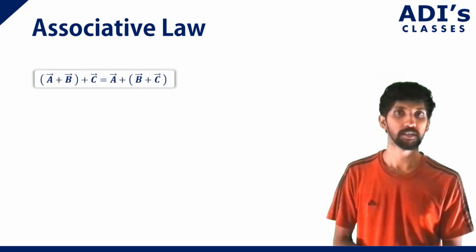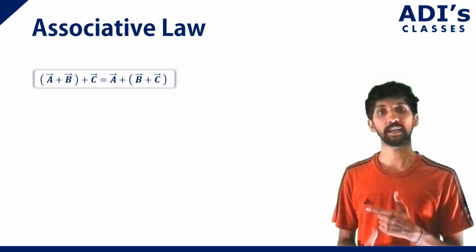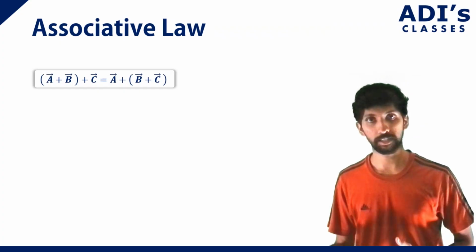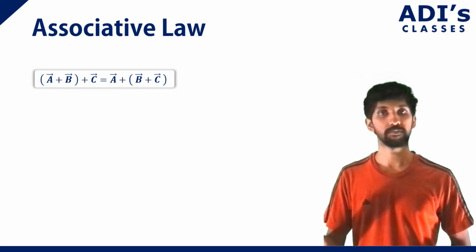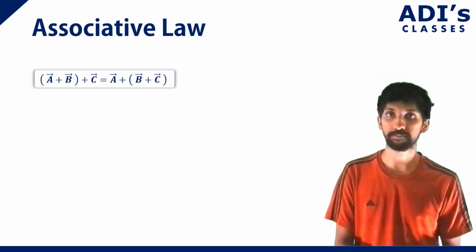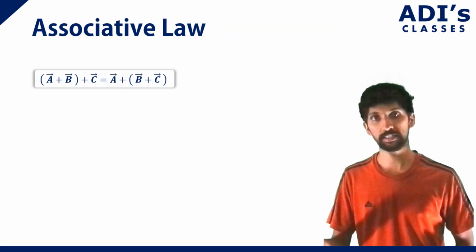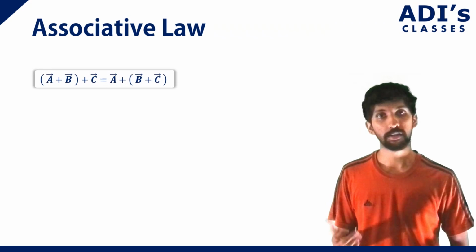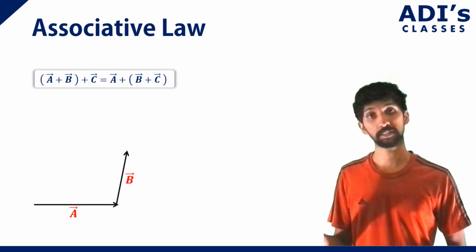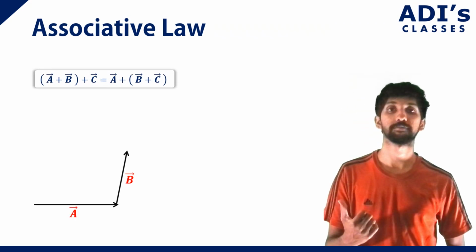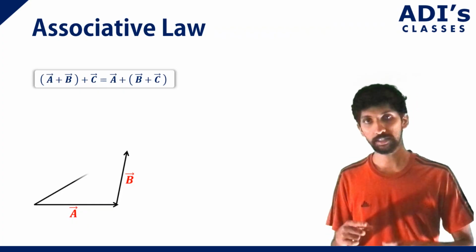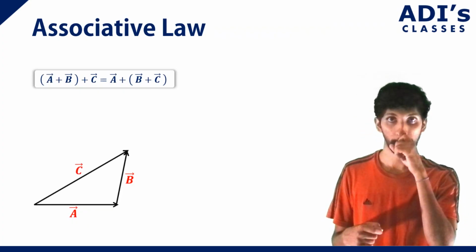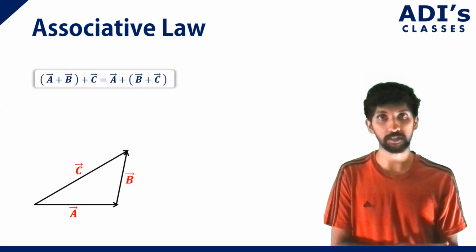You have vector A and vector B. Let's say the resultant, we'll call it vector C. Vector C is basically A plus B. Now from C, I'll take one more vector. Now, don't you think this is a polygon? Correct? Polygon, an n-sided figure.